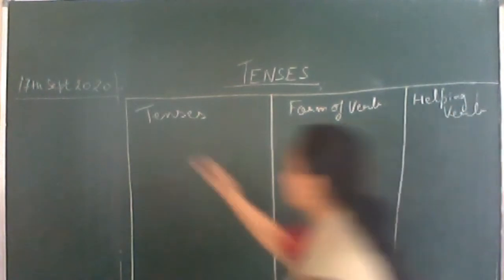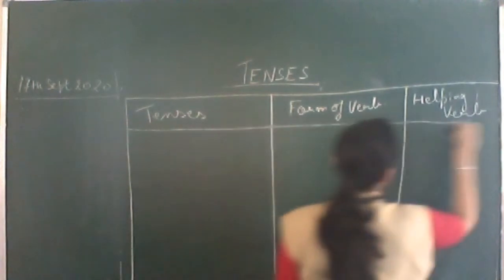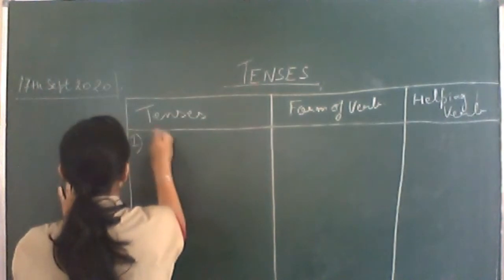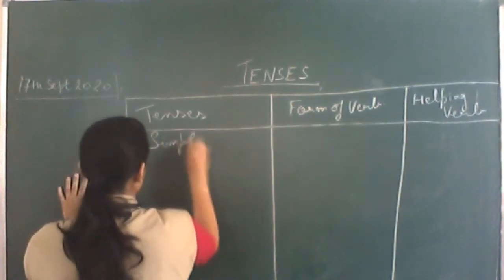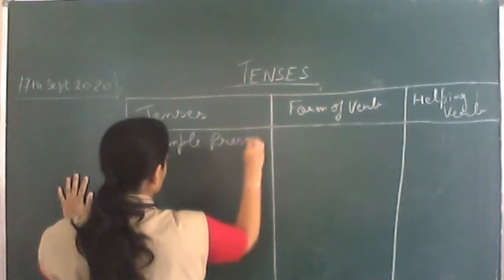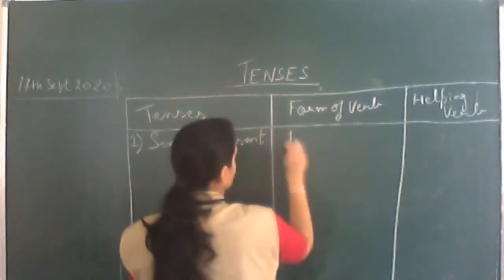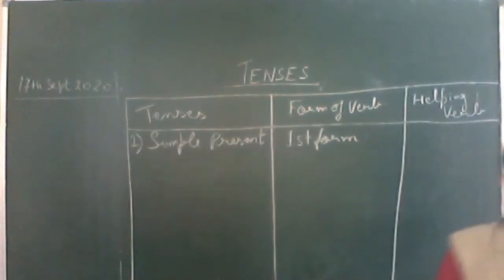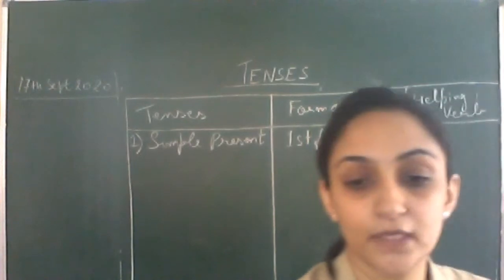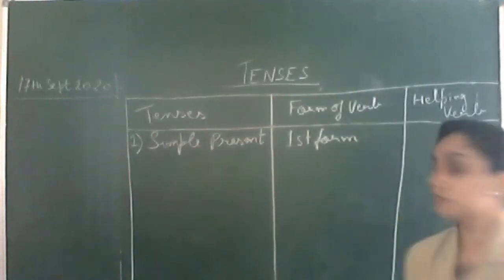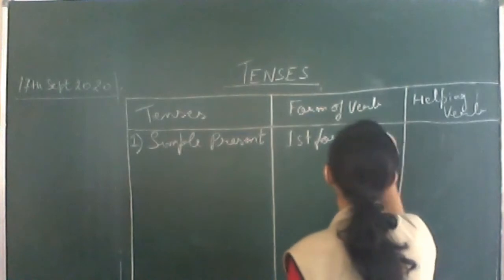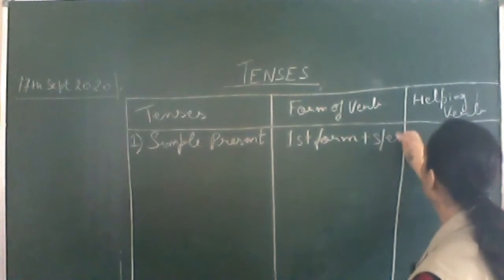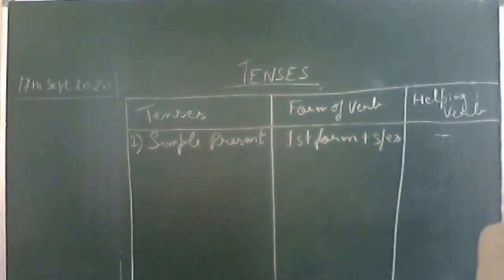Now we come to the first tense, children. First is simple present. In simple present, we use the first form of the verb, as well as s and es. No helping verb is used in simple present.